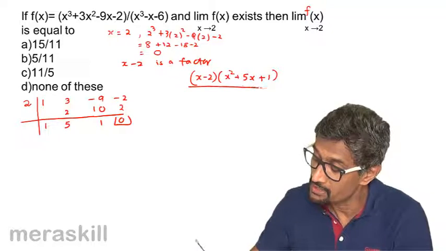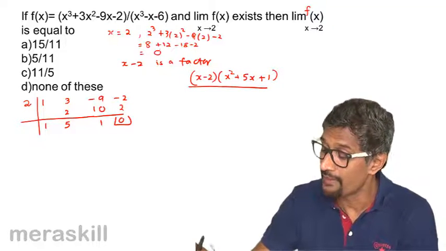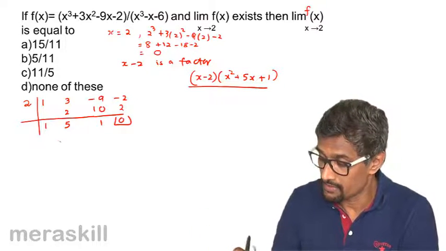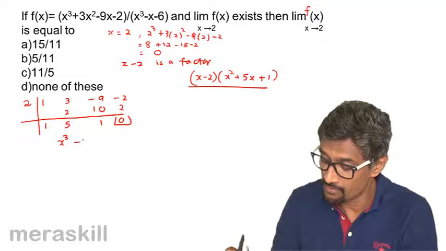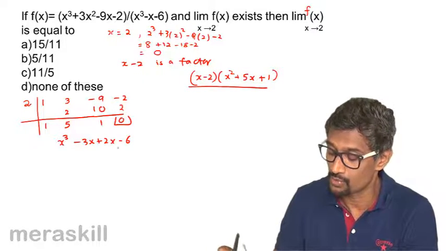The denominator, what can we do? Similarly, we could put in x is 2 and go ahead and do it. Or there is another way of doing it. We could possibly split the middle term: x cubed minus 3x plus 2x minus 6, because minus 3 plus 2 is minus 1.